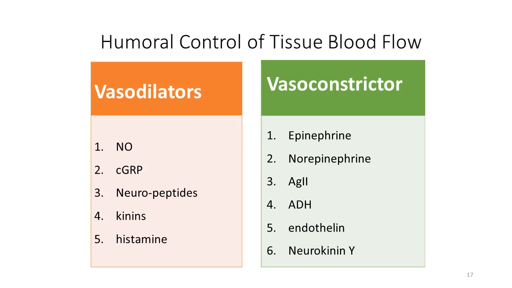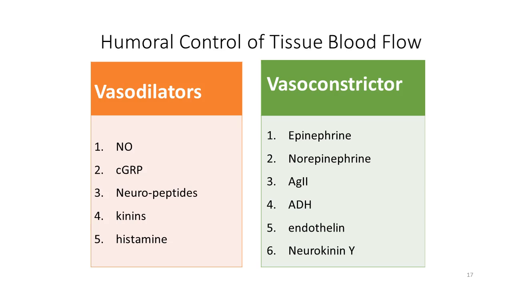and NO is produced by endothelial cells and inhibits the contraction of smooth muscles and acts as a vasodilator.